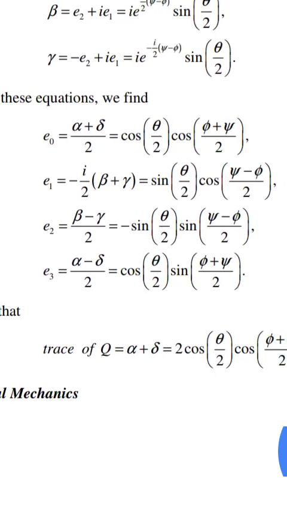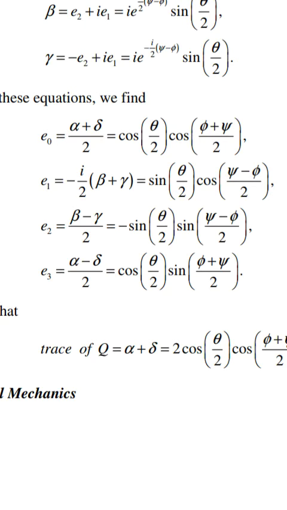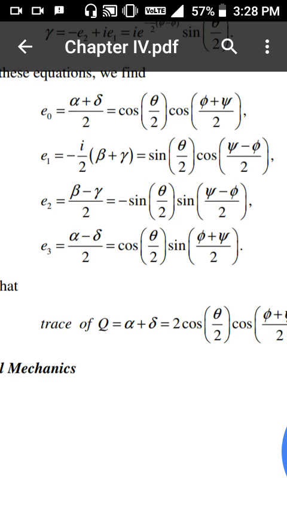Solving these equations, we find e0 is equal to (alpha plus delta) divided by 2 is equal to cos of theta by 2 cos of (phi plus psi) by 2. E1 is equal to minus i by 2 (beta plus gamma), which is sine of theta by 2 cos of (psi minus phi) divided by 2.